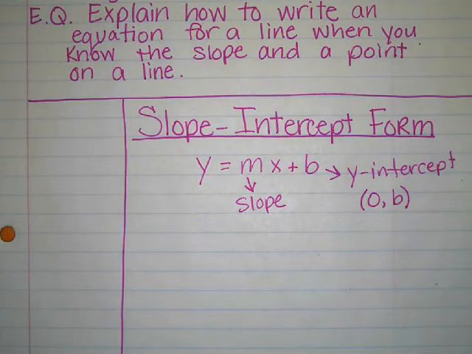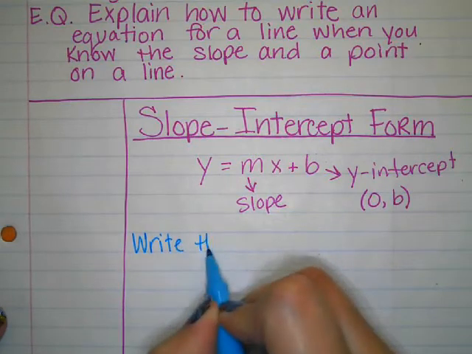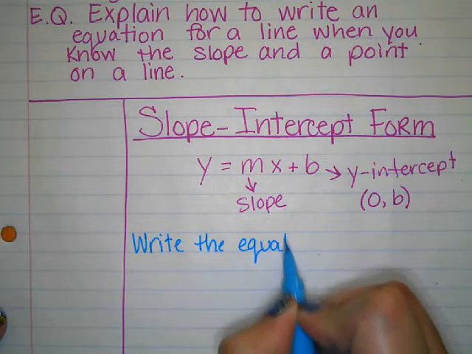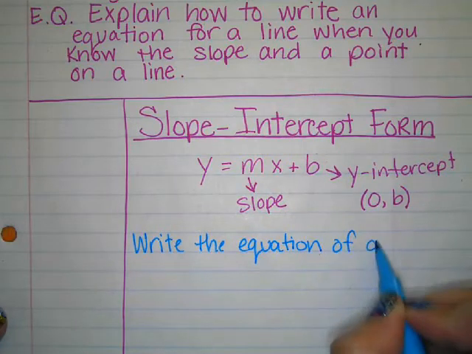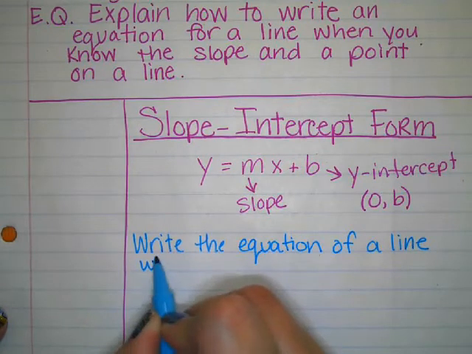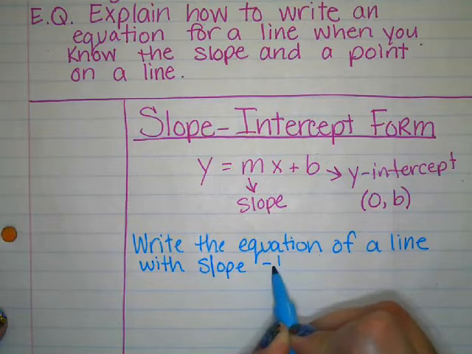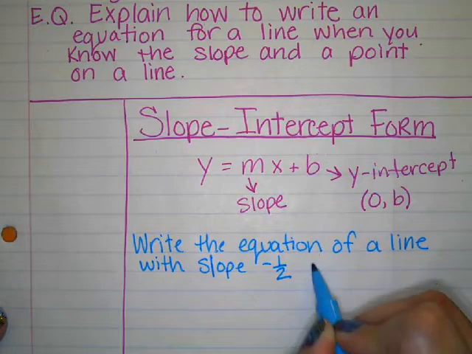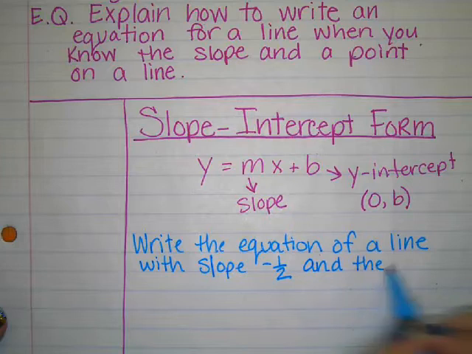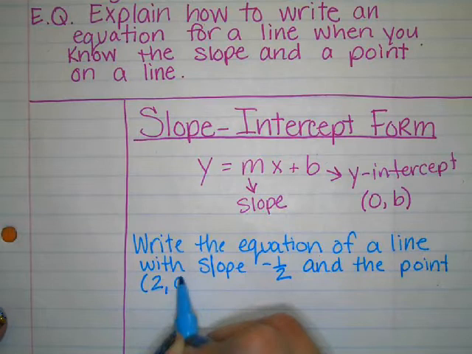All right, so for the first problem that we're going to work out, we want to write the equation of a line with slope of -1/2 and the point (2, 0) on that line.